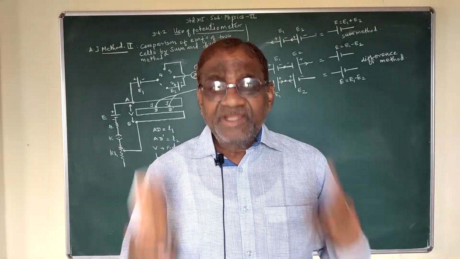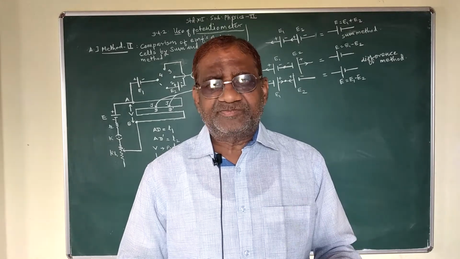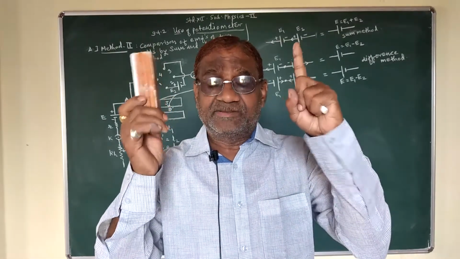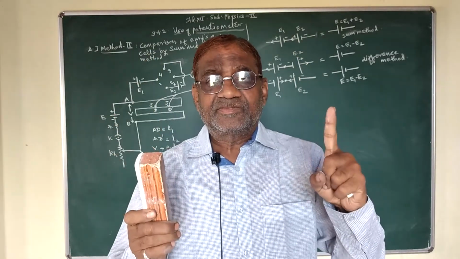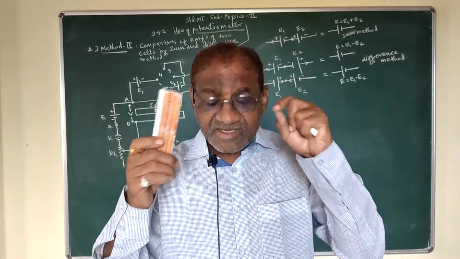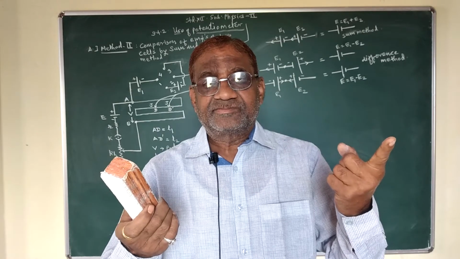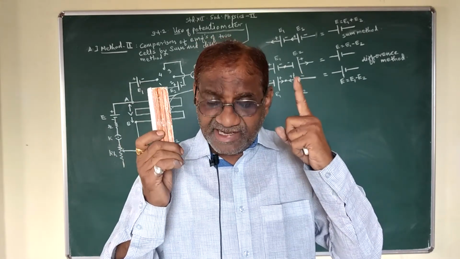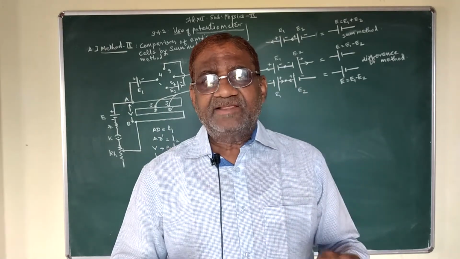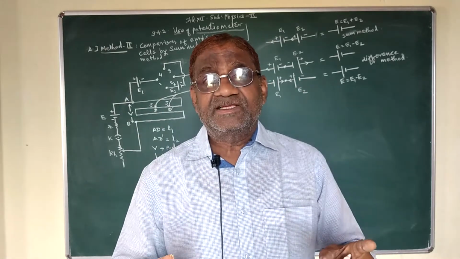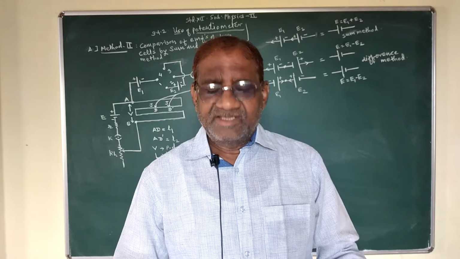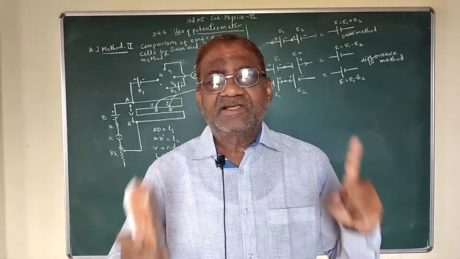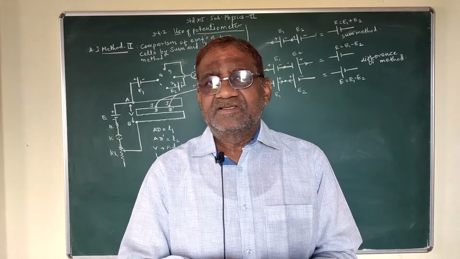Due to this combination of two cells, we get a new cell, a third cell having a certain EMF, and this EMF of the third cell is found to be equal to the sum of EMF of two cells. Therefore, this method is called the sum method.